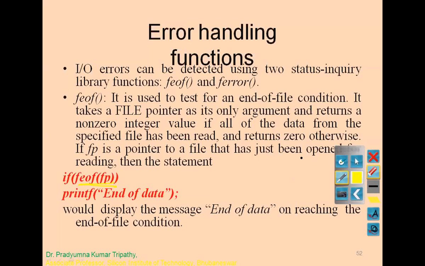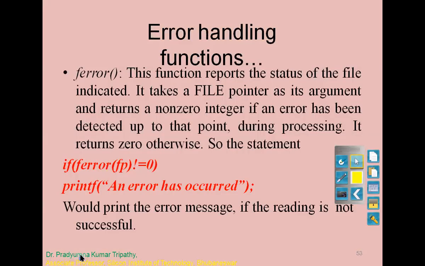To check whether end of file is reached or not, I can use the feof function. Similarly, if any error occurs during the operation, during write, read, whatever, you can use ferror. If ferror is not equal to zero, meaning an error occurs, then you can write that the error occurred at a particular position.